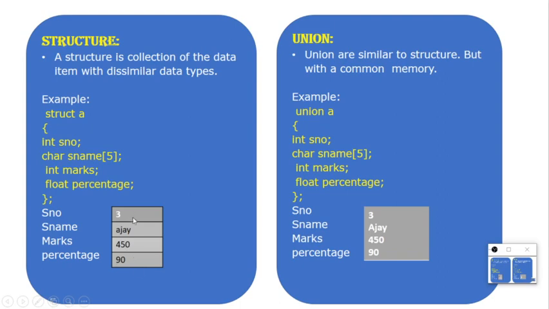It will contain separate memory. But in the union, let us assume serial number is the highest one, 10. The whole memory takes the highest value, 10, right? This is the major difference between a structure and union.